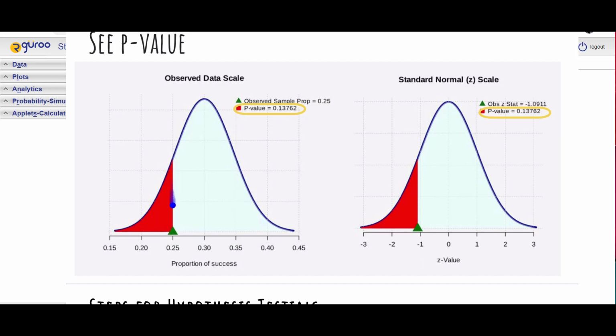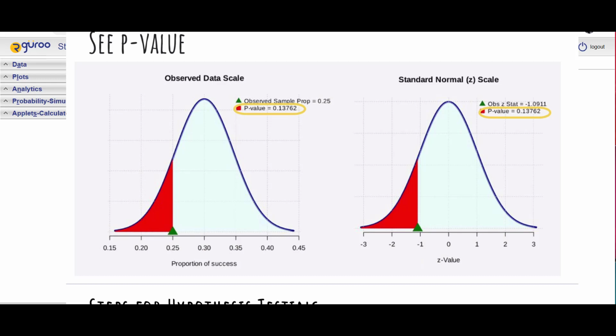So for p-value, though, we go from the observed value or the z or the test statistic, which is what it's called when you convert it. And you measure the shading, which represents the probability of this occurring.